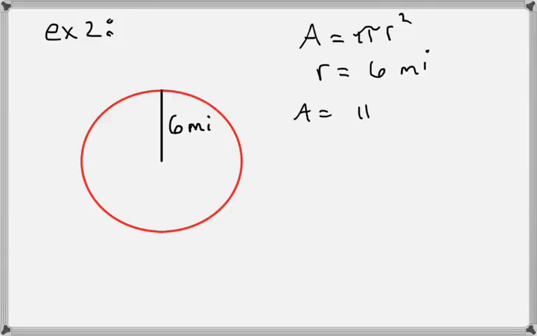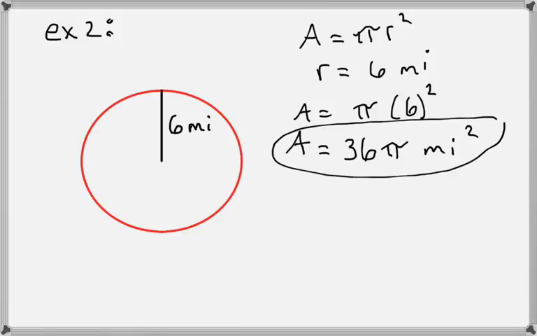The area is equal to pi times our 6 being squared, which gives us 6 squared means 6 times 6, which is 36. Pi, and our unit of measure is miles squared, because we took miles times miles when we took our 6 squared. So our area for this circle is 36 pi miles squared.